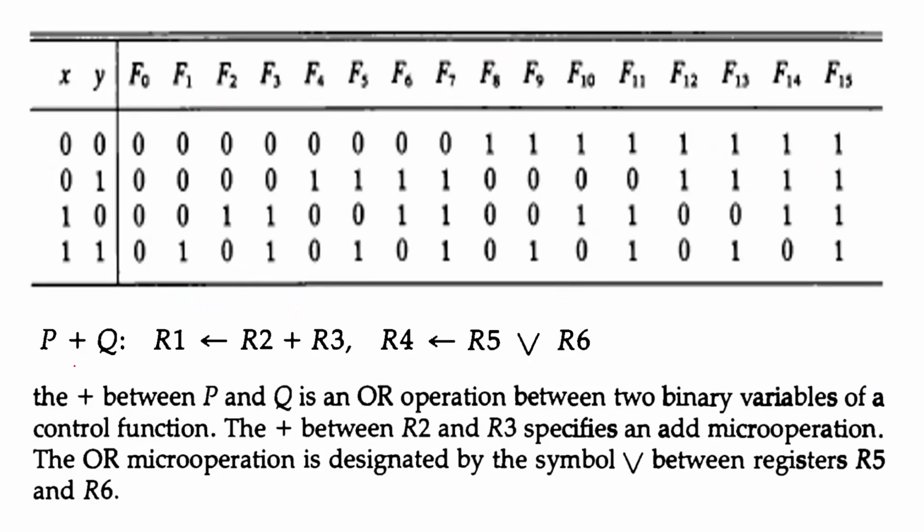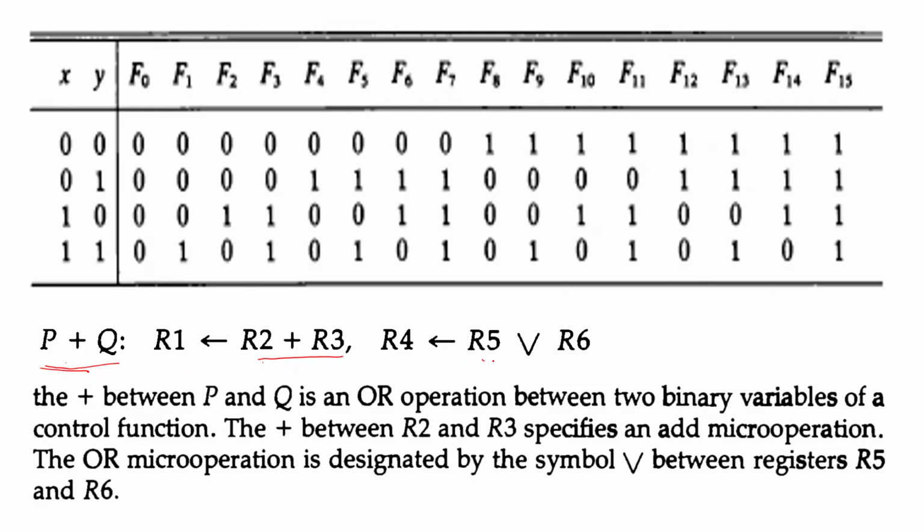Now here is the example of why we are not using the plus sign, which I have already discussed. The same thing is written here. Like here, P plus Q with a colon is the control signal. This is the control part. Now the operation is what? R2 plus R3 is transferred to R1. In this case, what we are seeing is that between R2 plus R3, it is the arithmetic addition operation.